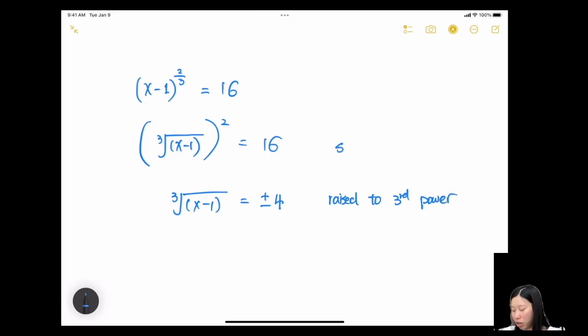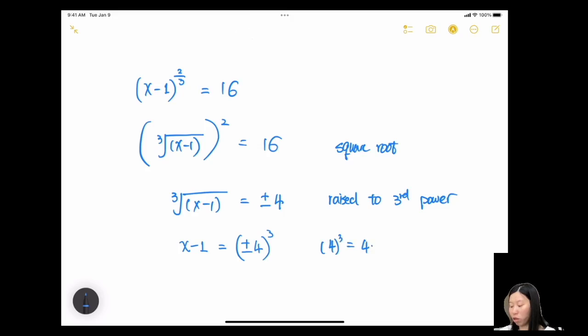Let me write down the steps. You take the square root on both sides. Okay, so I have x minus 1 equals positive or negative 4 to the 3rd power. The 3rd power is really tricky, because for the positive, we have no doubt.